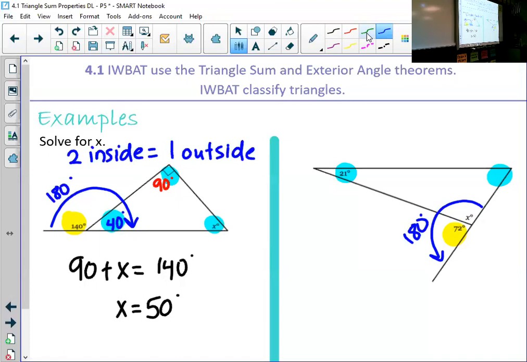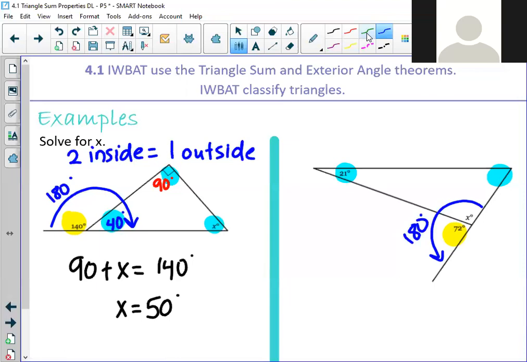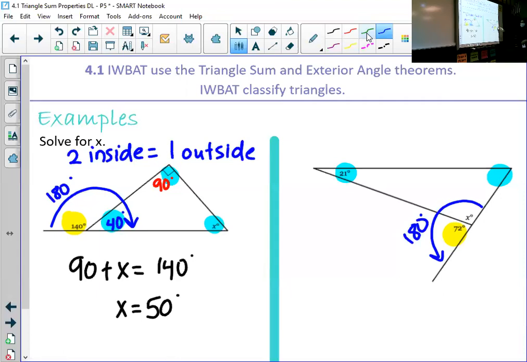What do we know about vertical angles? Don't tell me you forgot. Yes, they're equal to each other. That you will use all the time, so please don't forget that. All right, so I could say x plus 72 equals 180, or I could just take 180 minus 72, because sometimes you see that easier.